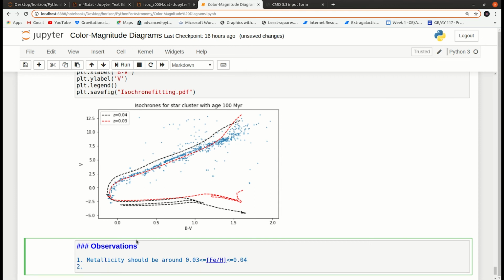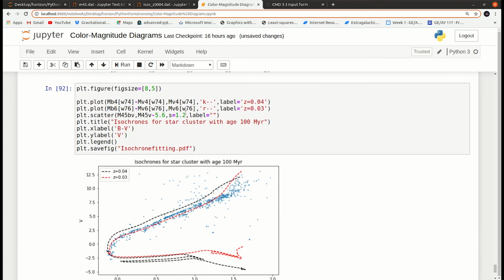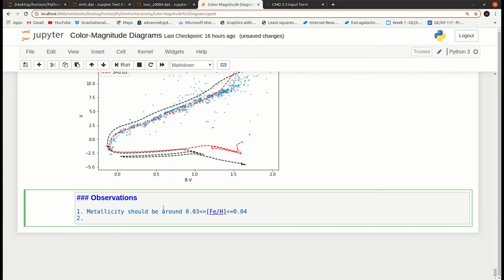The second observation is that I shifted by a distance modulus of 5.6 here, which is, again, I'm not doing a perfect scientific calculation. I have to account for errors and so on, but this is a really basic way of doing this exercise. So distance modulus, let's say 5.6.